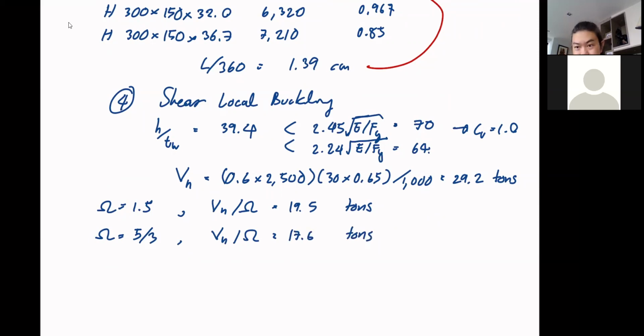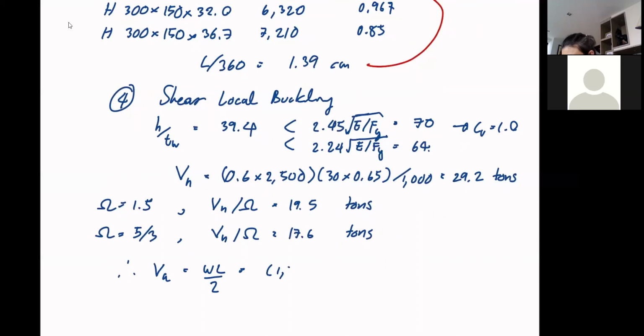Hey, we haven't calculated the shear force, right? So yeah, VA is equal to WL over 2. Now you may want to use actual load, that's fine. It's 1500 plus 36.7 multiplied by 5 over 2.